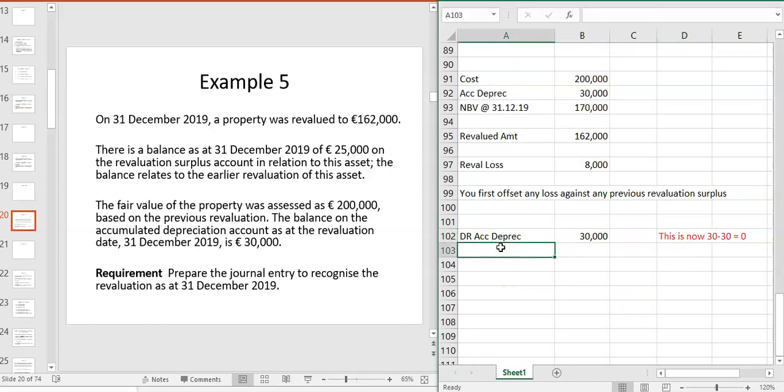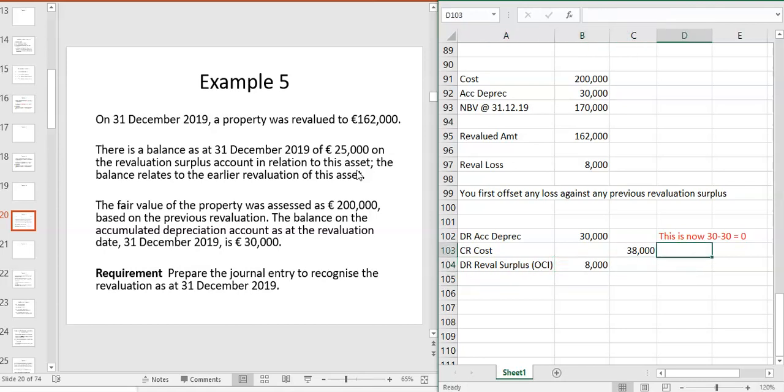You will adjust the cost account. The new cost account has to be brought down. You are going to credit the cost, which is essentially the updated fair value. You're going to bring that down from 200 down to 162, which is a fall of 38. And then you're going to debit the reval surplus through the OCI 8.